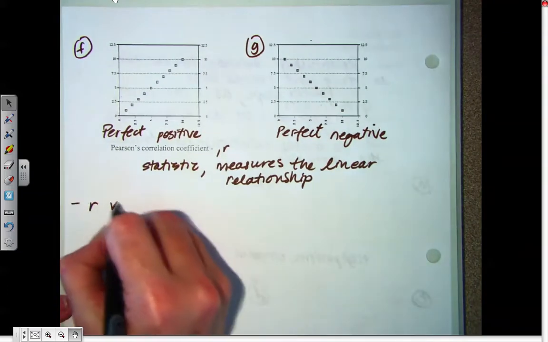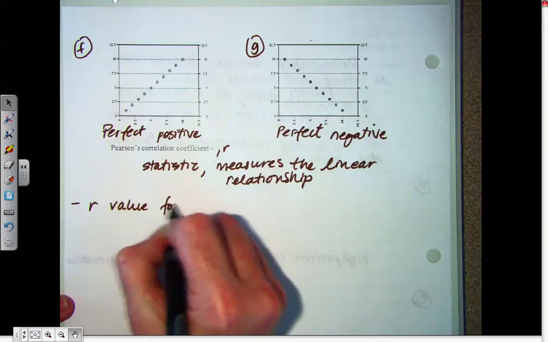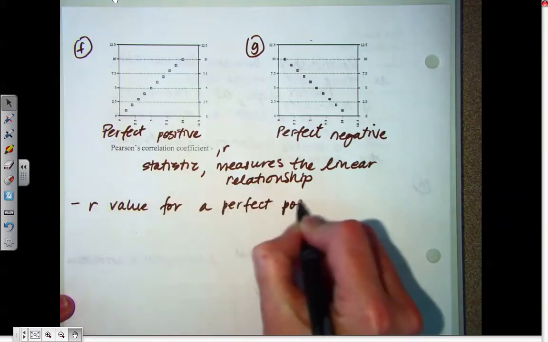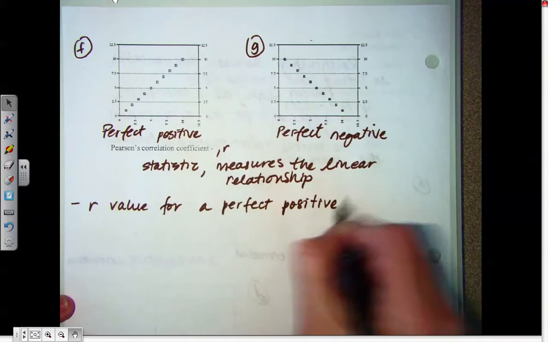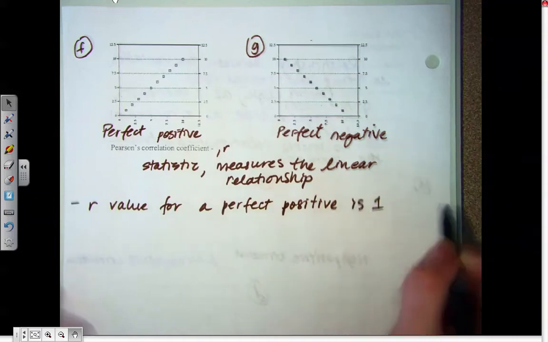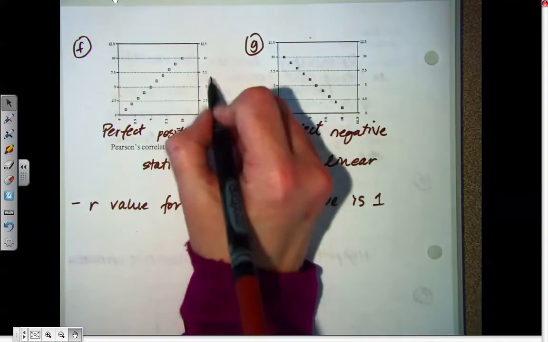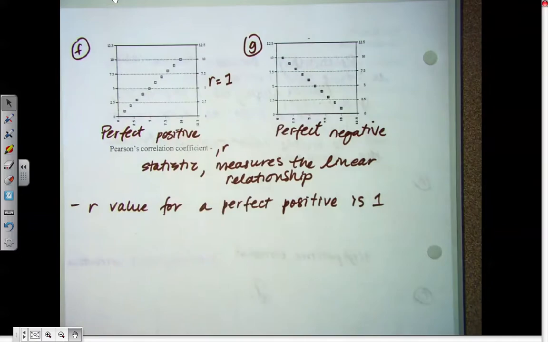The R value for a perfect positive is 1. So what you would write is R equals 1 when you're asked the R value, if it's a perfect positive.